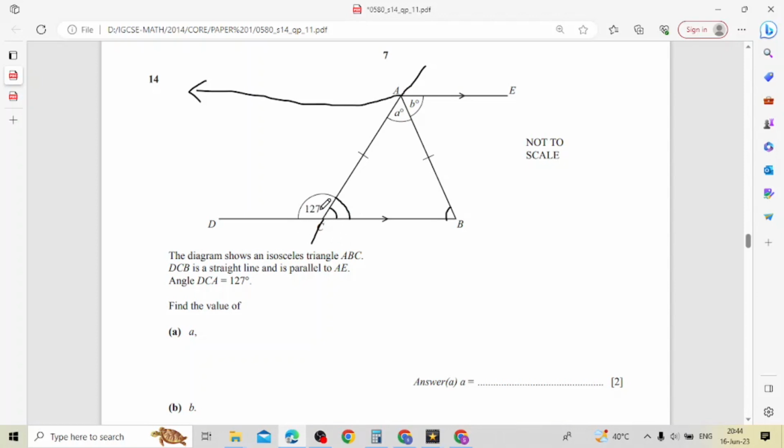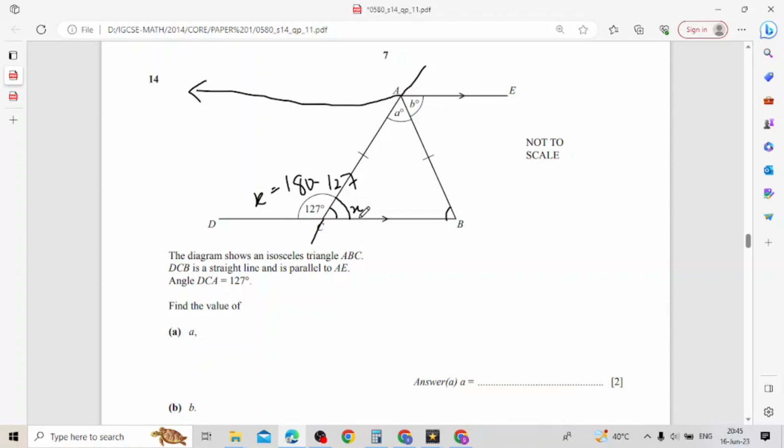So it is 180 minus 127 that makes angle X for us. So X is equal to, now from your calculator we can find out very easily, it is 53.